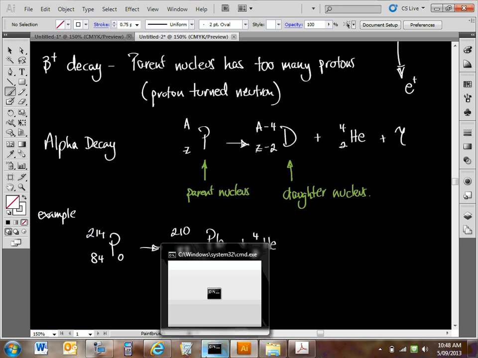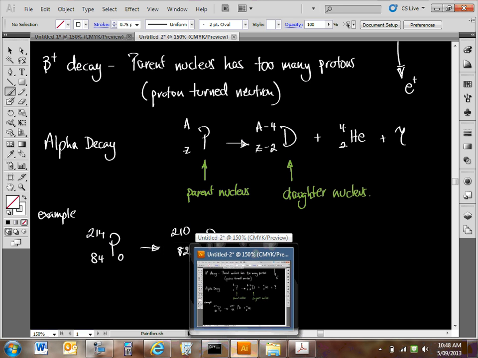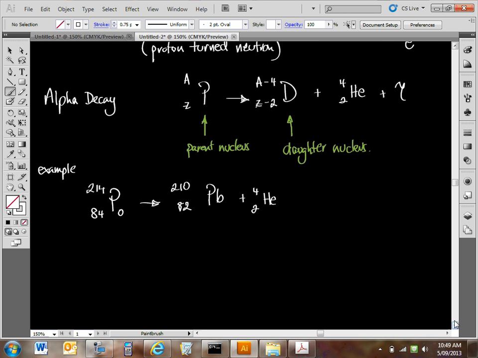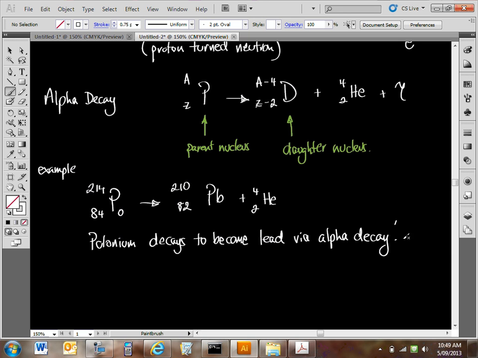Easy. Yeah, that PO is polonium. It says polonium decays to become lead, or an isotope of lead, via alpha decay. That's what that says.